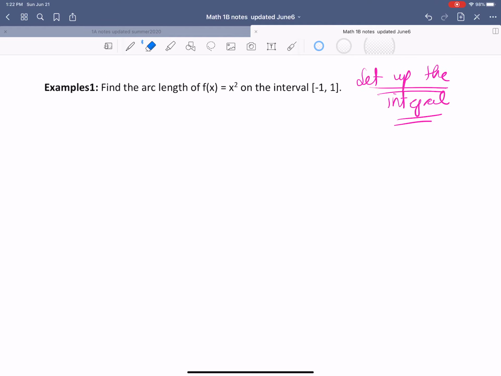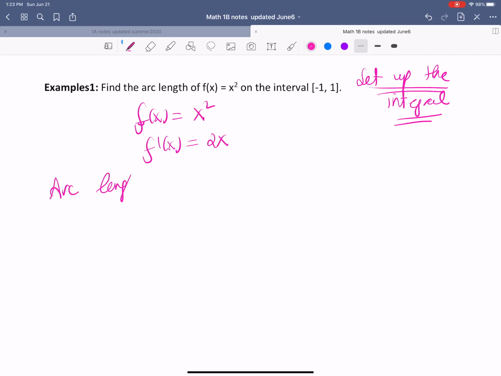Okay, so how do you set up the integral? y is equal to x squared, or we can say f of x is x squared, it doesn't really matter. y and f of x are the same thing, and f prime of x would be 2x. For the arc length formula, we need to remember here we have y as a function of x, from x equals a to x equals b, the square root of 1 plus f prime of x squared dx.